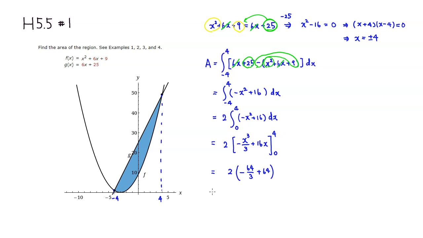Taking a common denominator of 3, you have a negative 64 over 3, and a plus, I have to multiply by 3, so 64 times 3 is 192. Then 192 minus 64 would be 128, so this is going to be 2 times 128 over 3, which is 256 over 3.